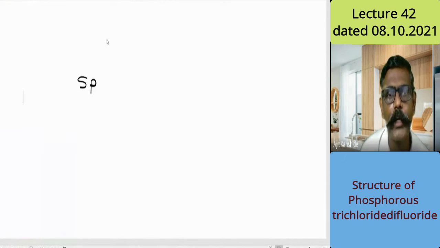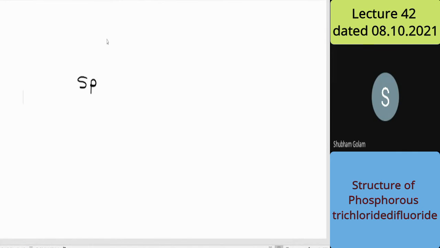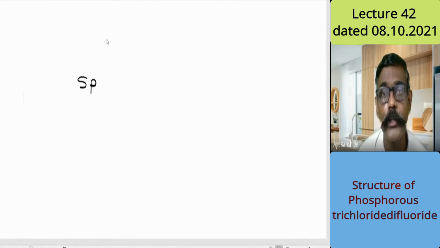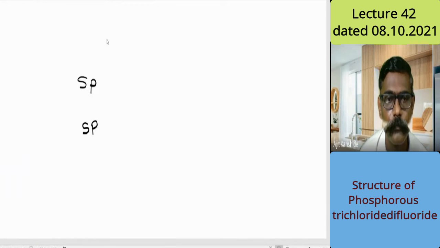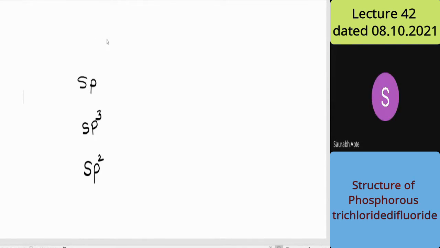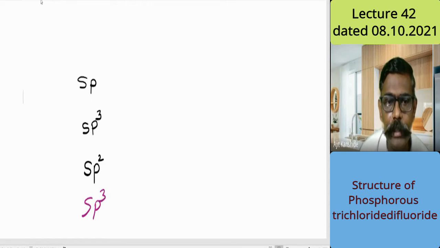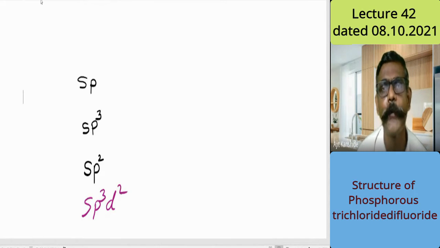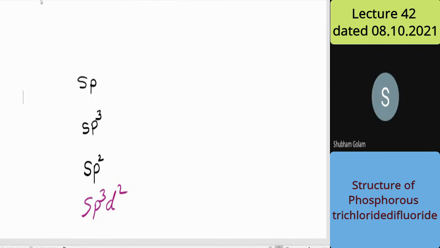SP, equivalent or non-equivalent? Equivalent. SP3, equivalent or non-equivalent? Equivalent. SP2, equivalent or non-equivalent? Equivalent. SP3D2, equivalent or non-equivalent? Equivalent.